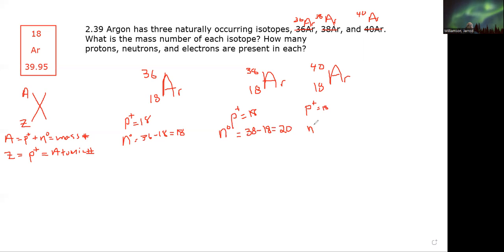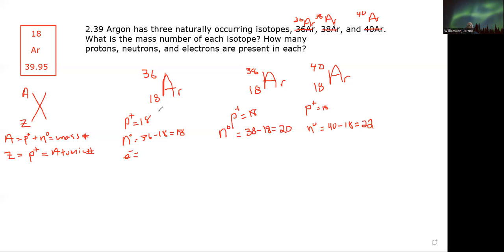Over here, the number of neutrons will be the mass number 40, which is protons plus neutrons. Of that 40, 18 are protons. How do we know? Because it's argon, right? Argon is the element with 18 protons. And this will be 22 neutrons.